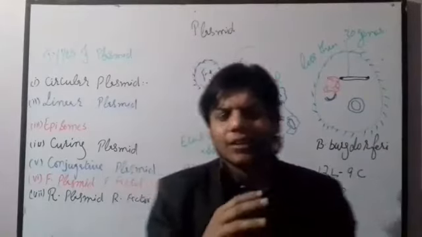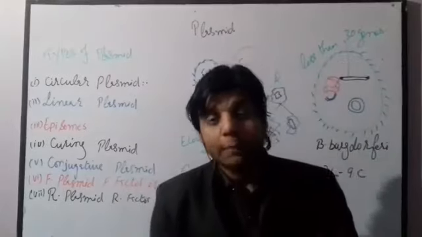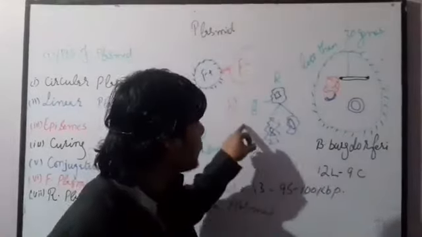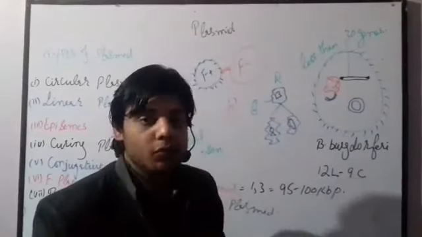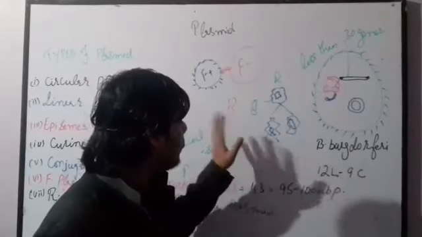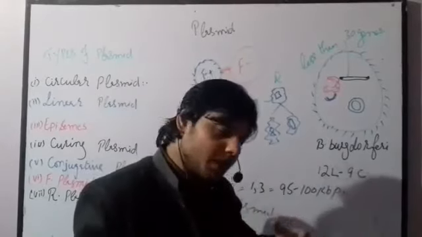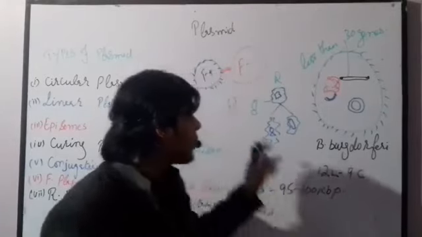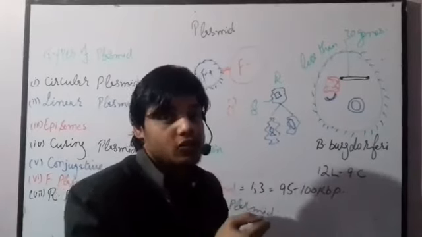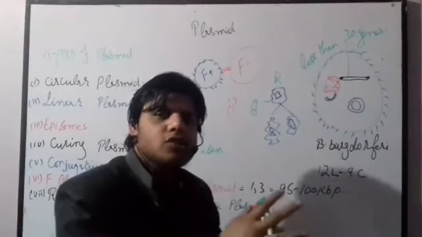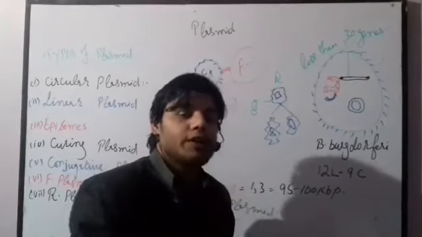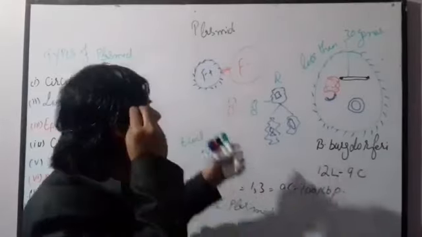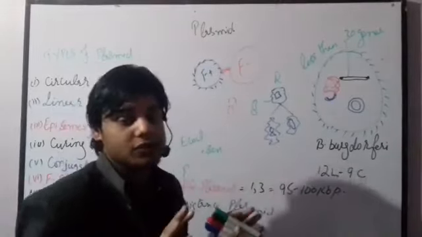Okay, we can say that this plasmid is very important. When a bacteria has such a plasmid, the bacteria will survive for a longer period of time, because this plasmid will give protection to the bacterial cell. Not only that, this plasmid is also dangerous for the human body, because when bacteria have such a plasmid, it is a very dangerous bacteria for us, because we cannot treat this bacteria with antibiotics. Okay, if we use a very high dose of antibiotic, then such bacteria will also be killed, but it is not possible.